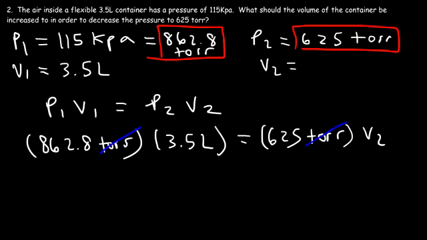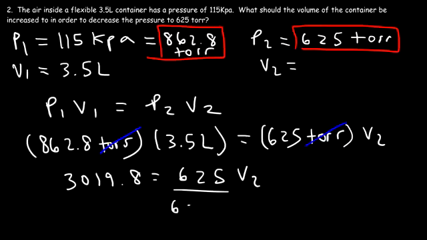So to get the answer, it's going to be 862.8 times 3.5, and that's 3019.8. So that's equal to 625 times V2. Now let's divide both sides by 625.